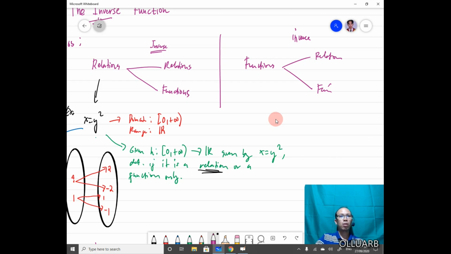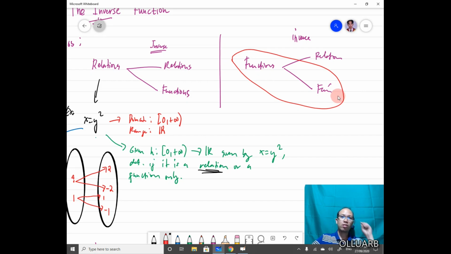But what we will do here is this scenario: how to find the inverse of a function in which the inverse is also a function.